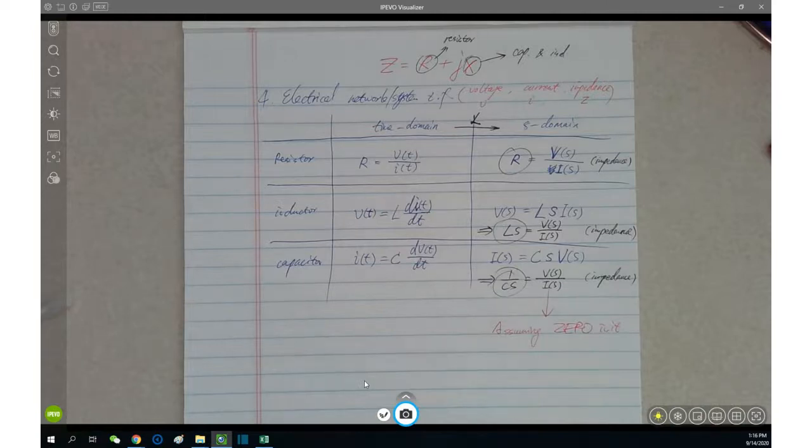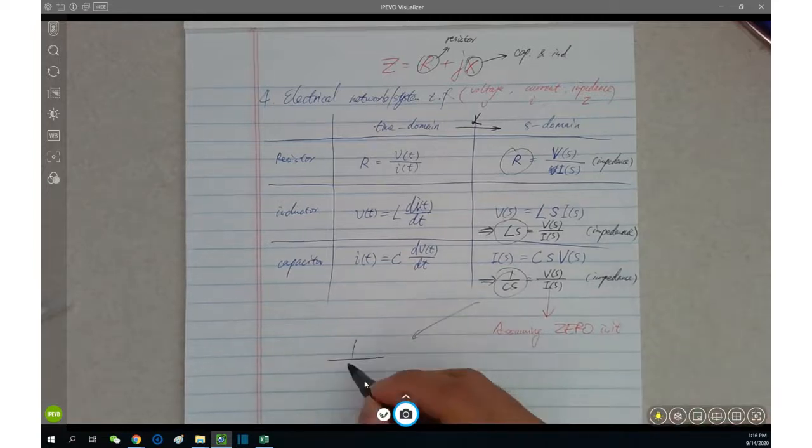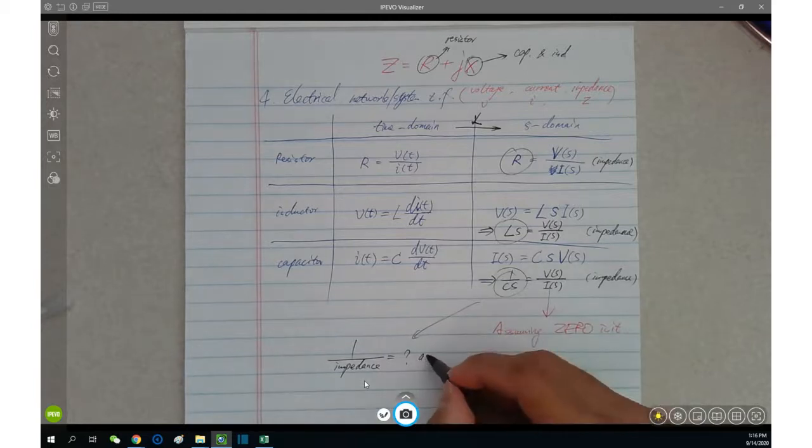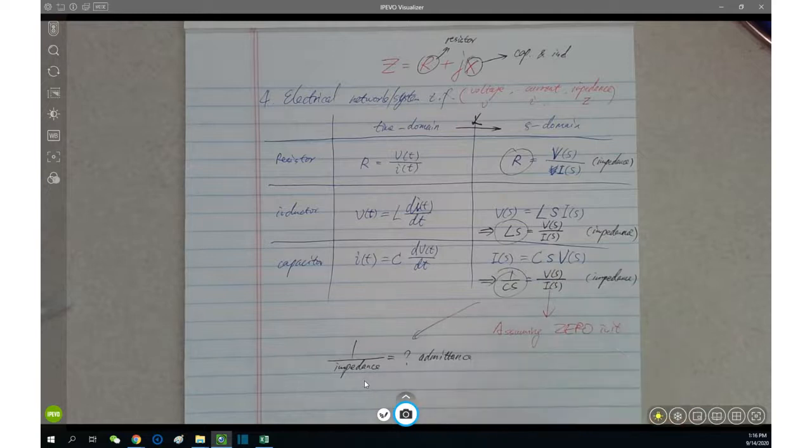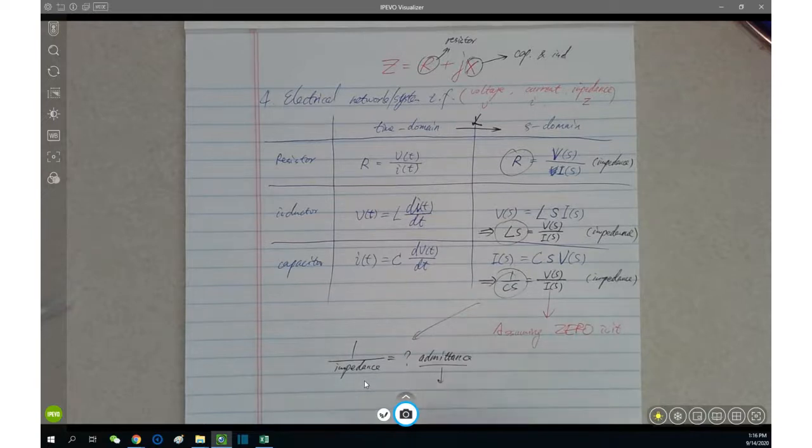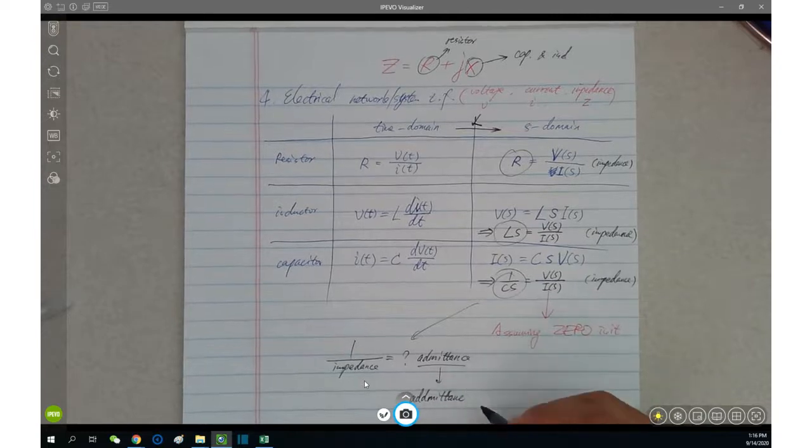This is the electrical side. A little bit more here. From here, the reciprocal of the impedance equals what? Admittance. With admittance, you have another version of Ohm's law: admittance times voltage equals current.